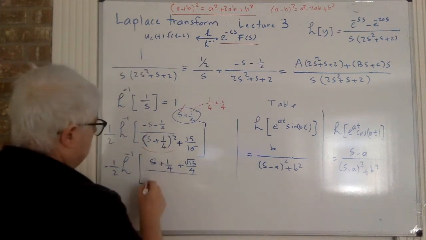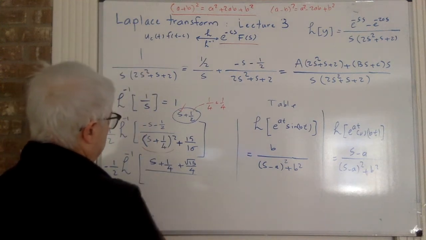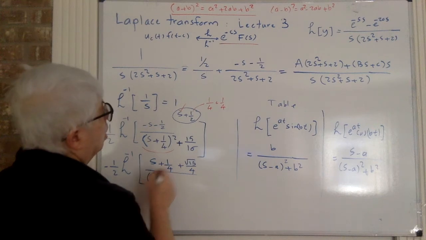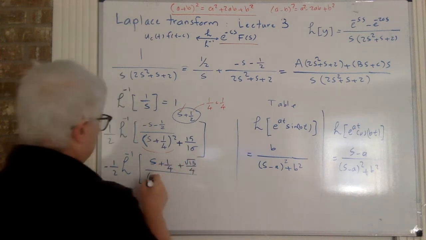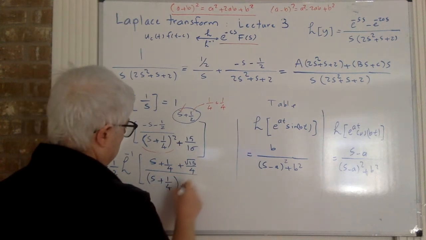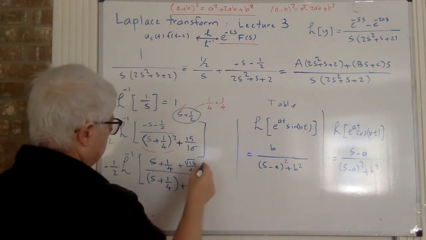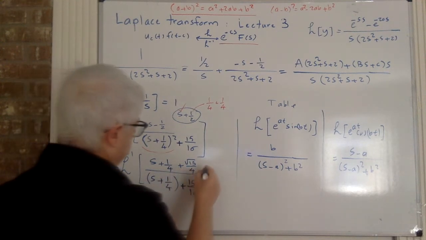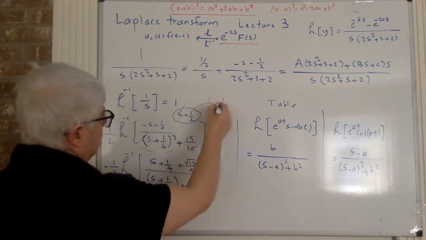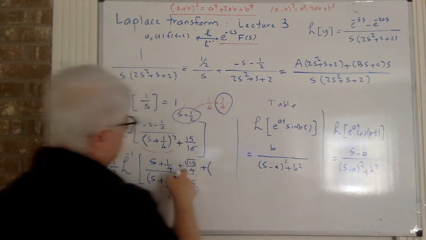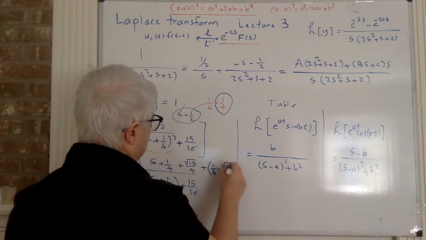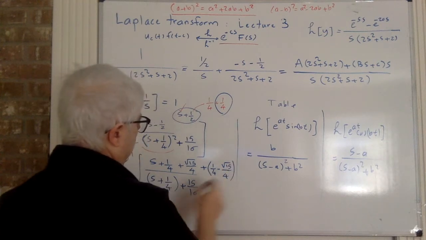So let me write the denominator. s plus 1/4 squared plus 15 over 16, and so I have a 1/2 here, I have a 1/4, and this is 1/4 minus this.